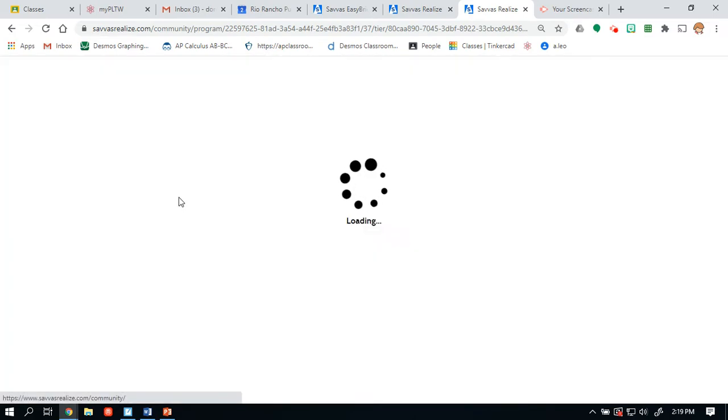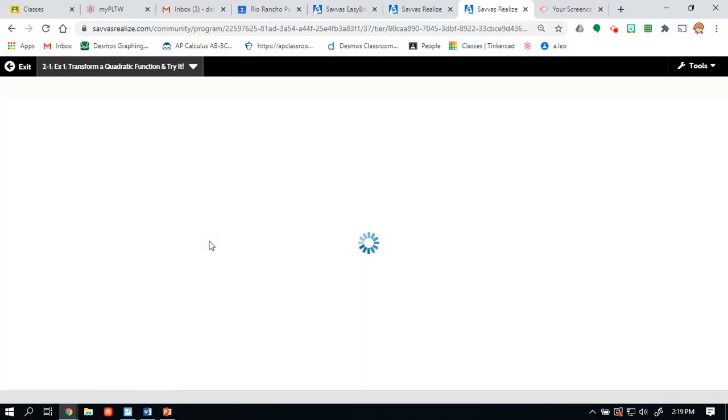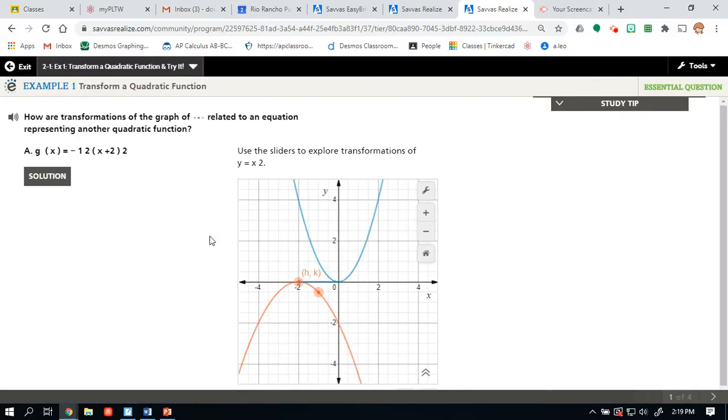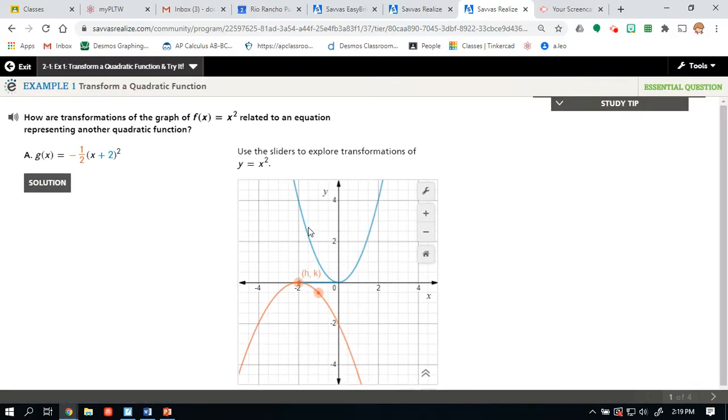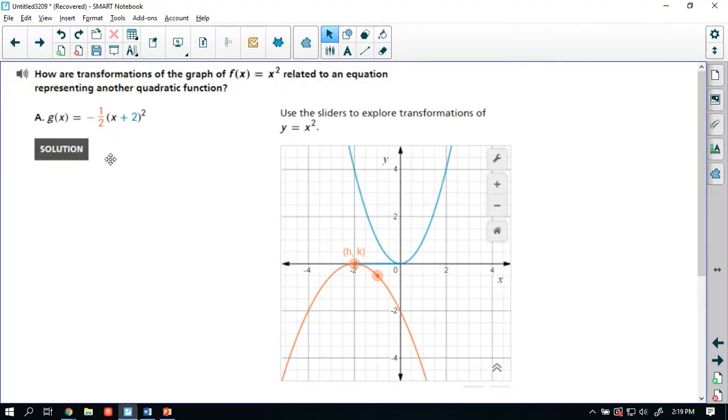All right, let's go look into example 1, now that we've talked about some key vocabulary. So how are the transformations of the graph f of x equals x squared, which is this blue graph, related to an equation representing another quadratic function? They want us to use the sliders to explore the function. Well, let's look at this function.